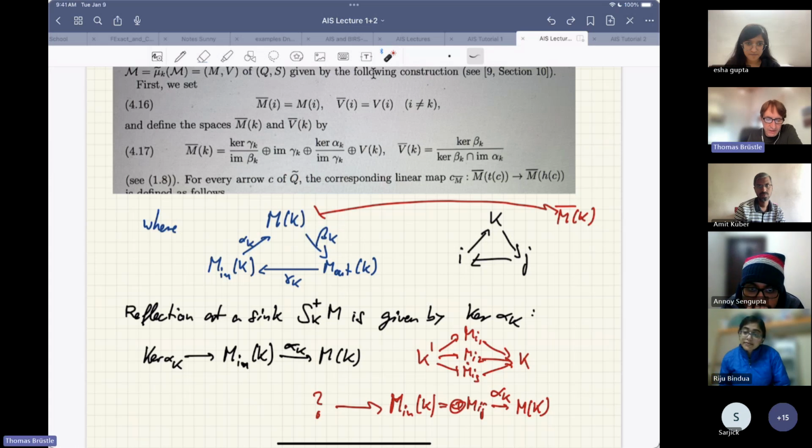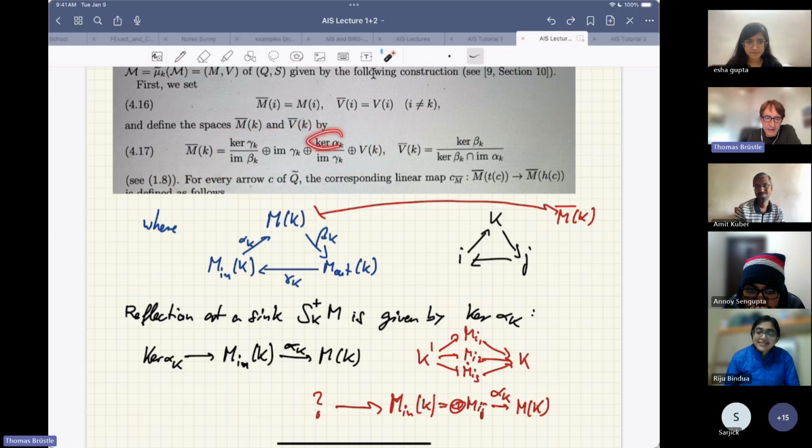If those here were not there, then there would be nothing here and nothing there. So it is still the kernel if it's a reflection at a sink. If it's not a reflection at a sink, you need to pay a price, and you need to fill in some more vector spaces. And what you need to fill in is this guy, and it looks a bit terrible. I'm sorry for that.